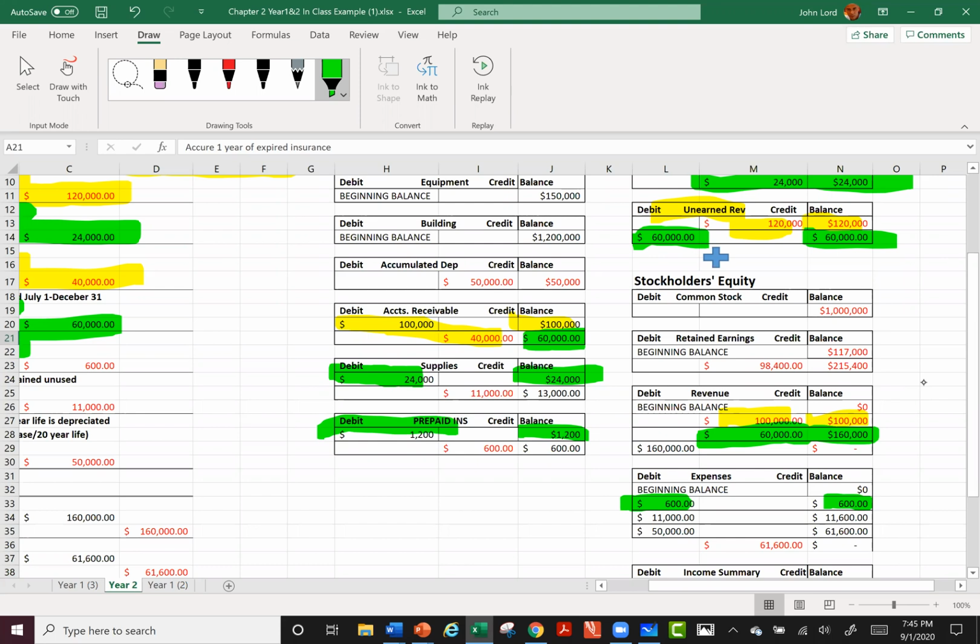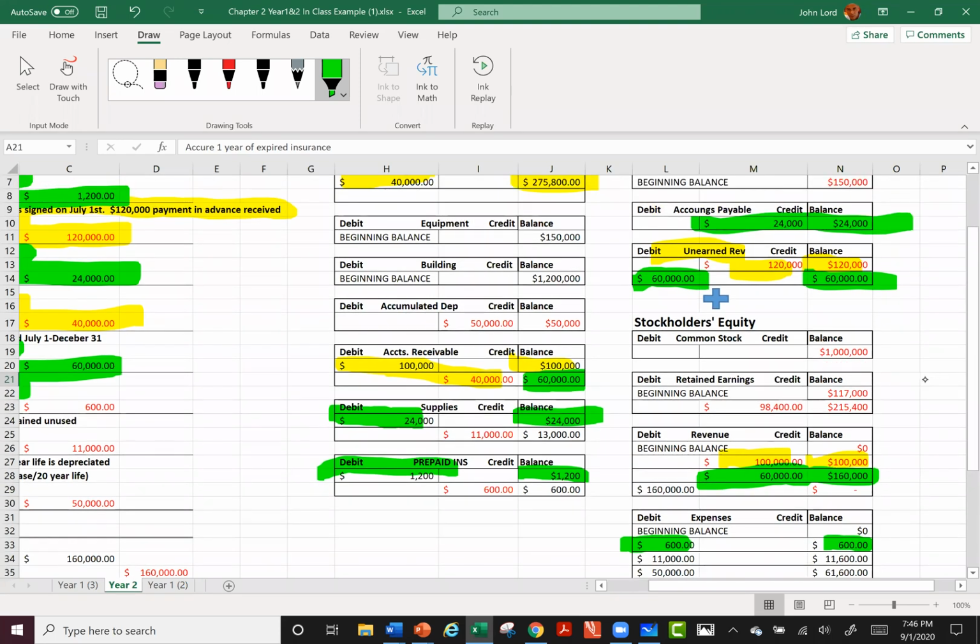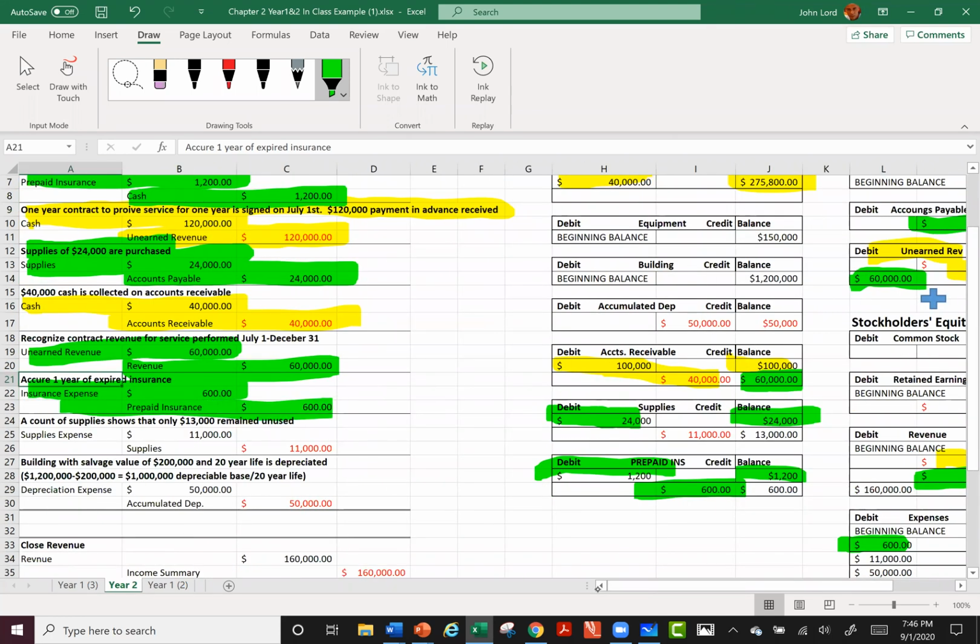I credit the prepaid 600. First I enter it into the journal, then I post it over here to the ledger. And when I post it, it's sitting there showing me prepaid insurance is now $600. That's the 1 year I still have left of insurance coverage.